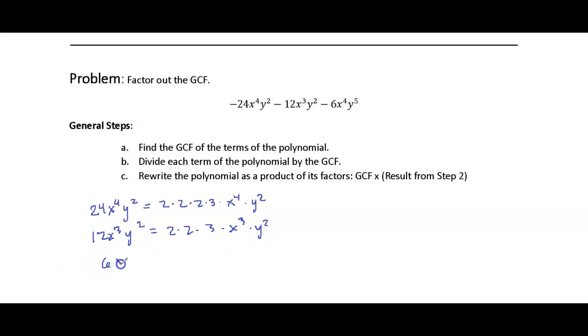And 6x to the fourth y to the fifth will factor to 2 times 3 times x to the fourth times y to the fifth.